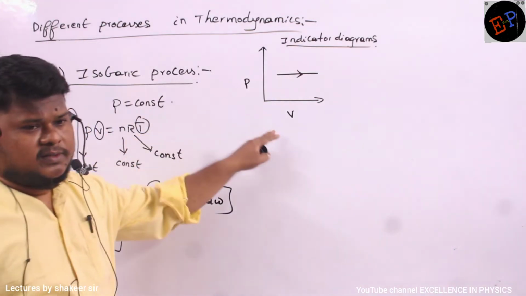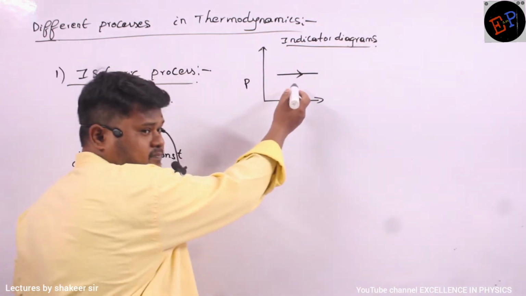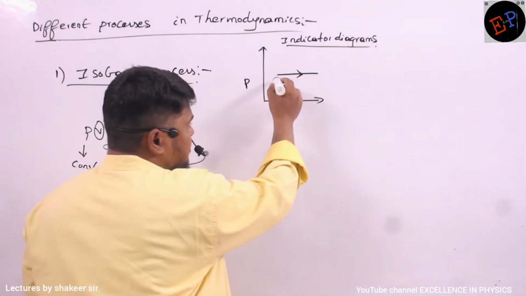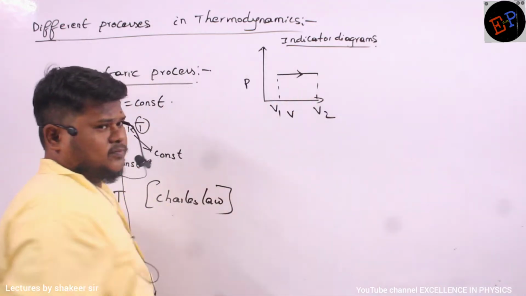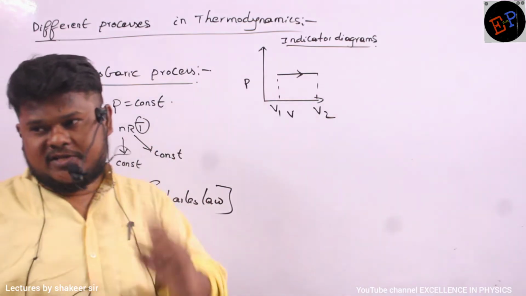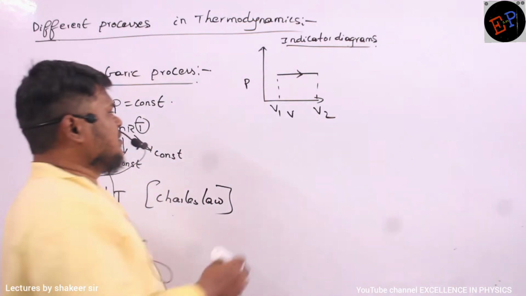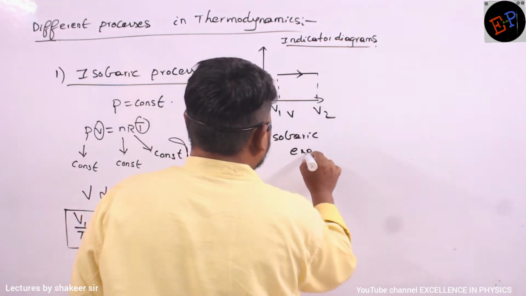Pressure is constant, volume is increasing. See the direction of the graph. In this direction, I am moving from lower volume to higher volume, V1 to V2. Understood now? So this is called isobaric expansion. What do you call this graph? This is called isobaric expansion.